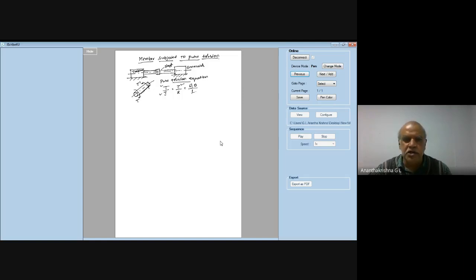Tau is the shear stress, because essentially the shaft is subjected to torsion or torque which induces shear stress. R is radius of the shaft, G is modulus of rigidity of shaft material, theta is angle of twist, and L is length of shaft. Is that okay? Are you there?